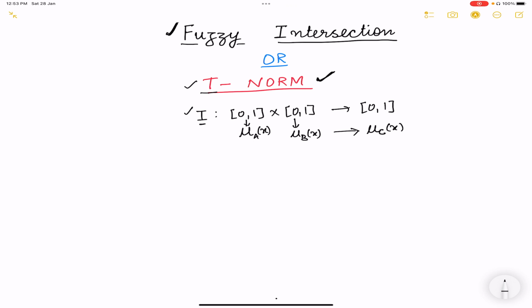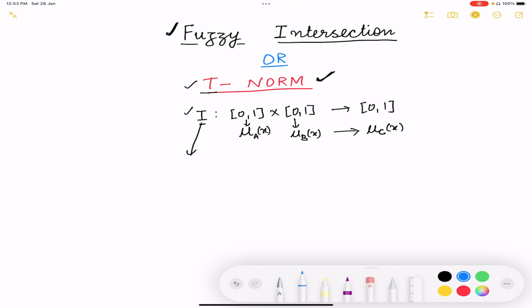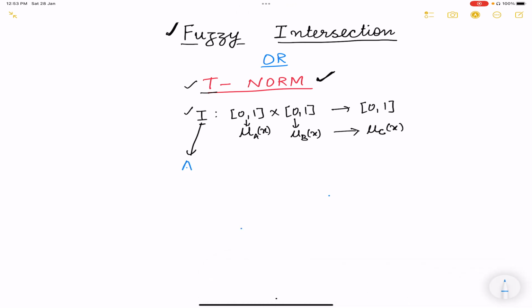So the fuzzy set I, or the fuzzy intersection of two fuzzy sets, say A and B, is defined in this way, right?